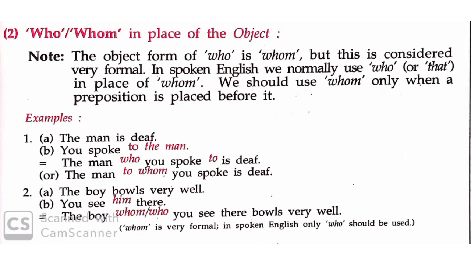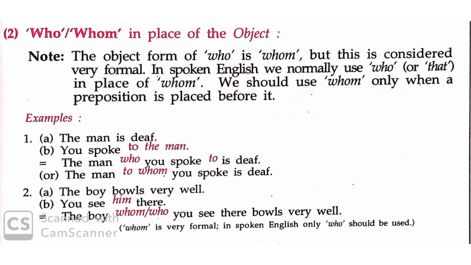Now coming to the second one, who or whom in the place of the object. They have given a note here. The object form of who is whom, but this is considered very formal in spoken English. We normally use who or that in the place of whom.